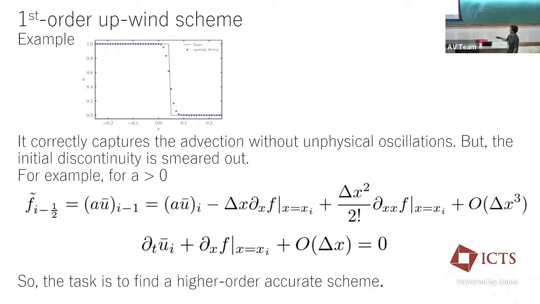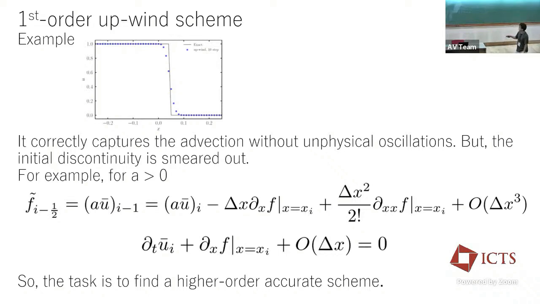So let's explain why this smearing out happens. Suppose that the profile is smooth, then you can apply the Taylor expansion even for a finite volume method. So let's evaluate the numerical flux at I minus 1/2 by Taylor expanding at the grid point I. Then you can expand Au bar at I plus the flux plus the truncation error.